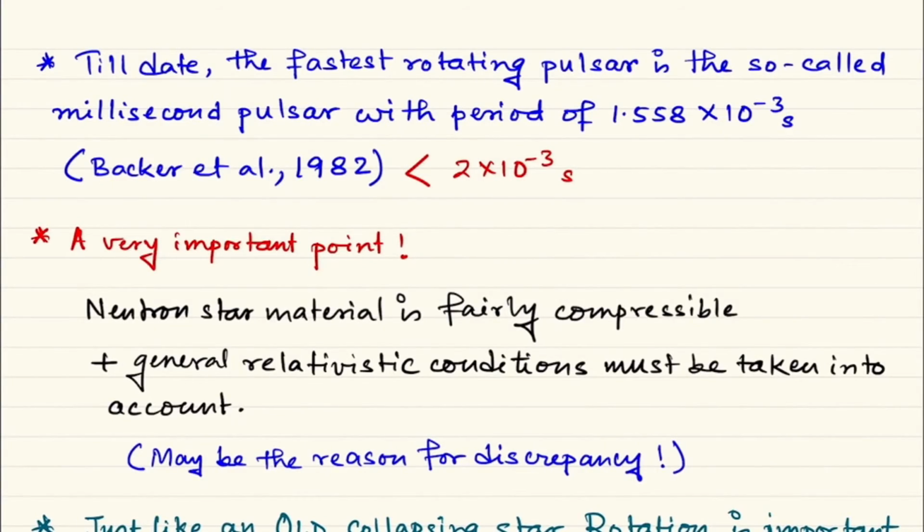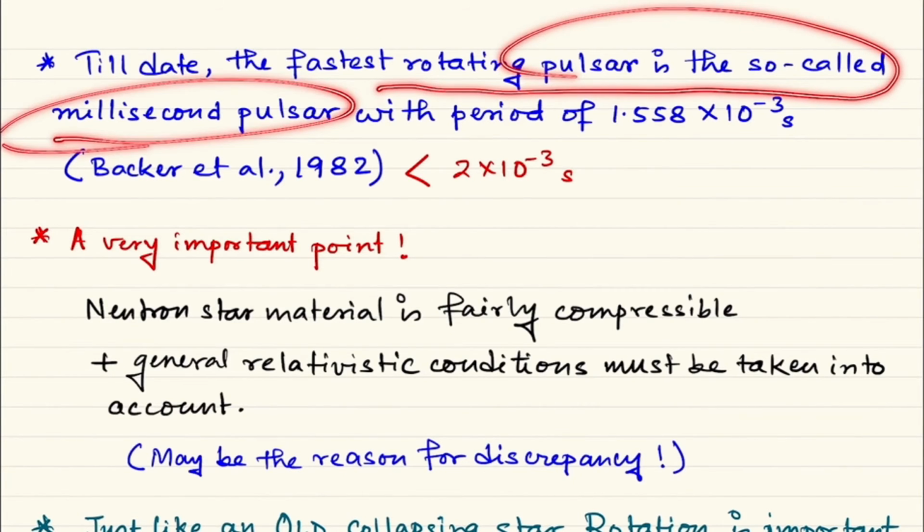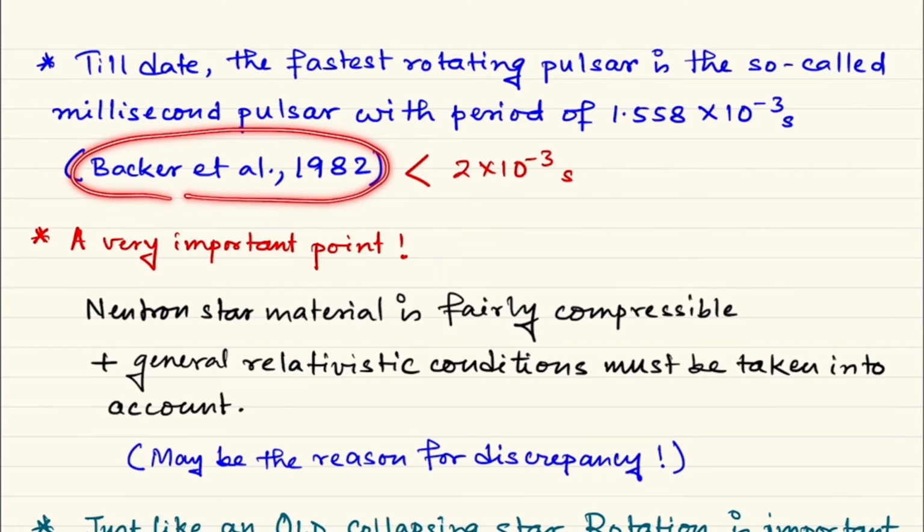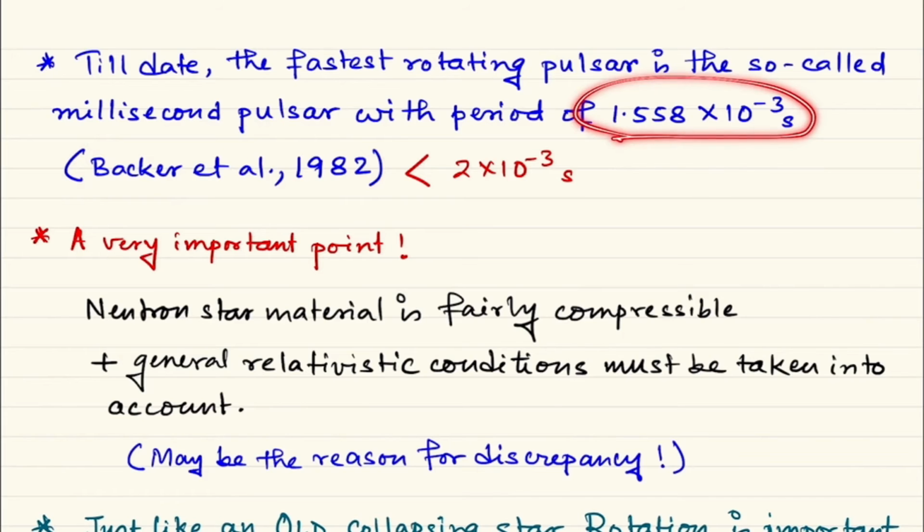Now till date, this is very interesting, the fastest rotating pulsar is the so-called millisecond pulsar, with a period of 1.558 into 10 to the power minus 3 second, which was for the first time realized by Backer et al. in the year 1982. Now you see, this has a period of 1.558 into 10 to the power minus 3.